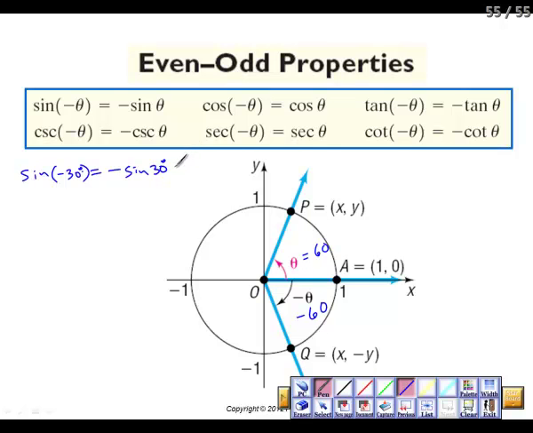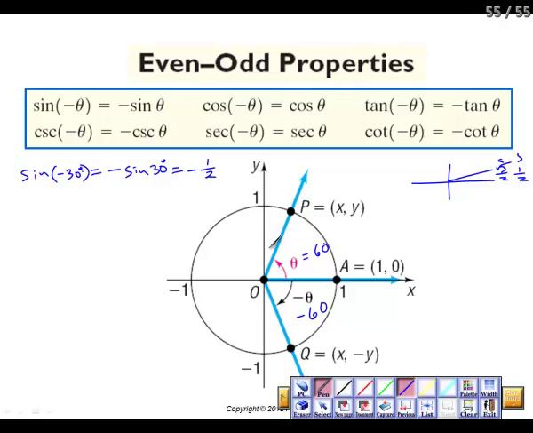Sine of 30 degrees is 1/2 (and cosine is square root of 3 over 2), but we have a negative in front, so that'd be negative 1/2. Cosecant, since it's the reciprocal of sine, the same thing applies there.